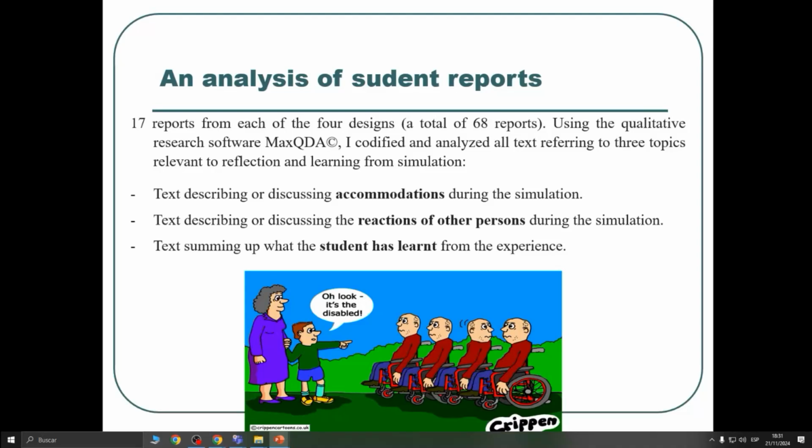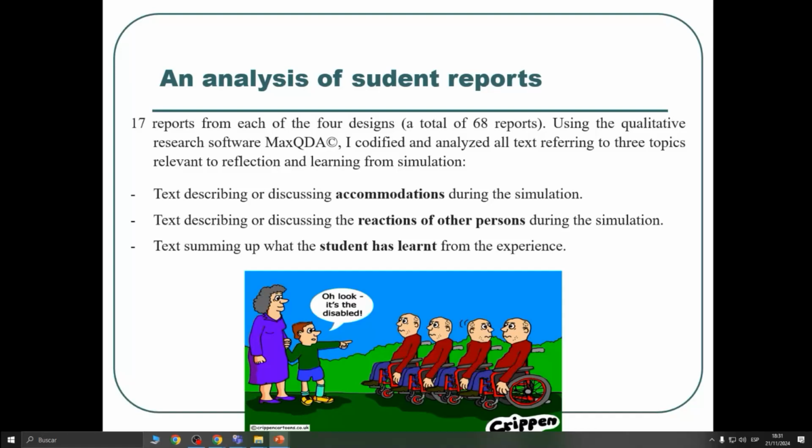In these reports, they have instructions to describe thoroughly, to reflect, to discuss, and I'm looking particularly at the way in which they discuss accommodations in the process of simulations, the way they discuss the reactions of other people, which are fundamental for the integration of disability. So how other people reacted to somebody on a wheelchair or to somebody who was very slow.